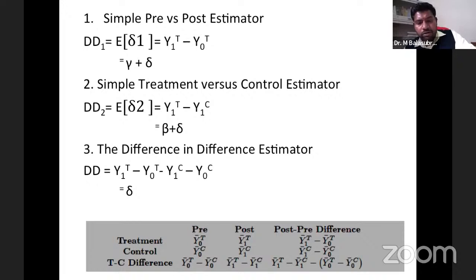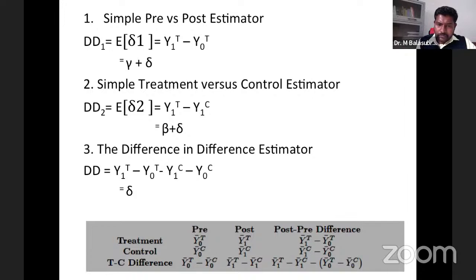The next one, control, is y0 c bar, and post, after some point of time where we are taking data, y1 bar c, and it is y1 c minus y0 c. Just subtract row-wise and column-wise, and you get the similar basic equation we saw in the earlier slide.